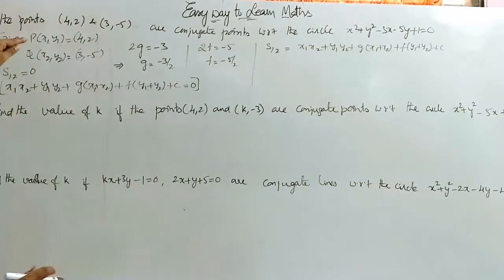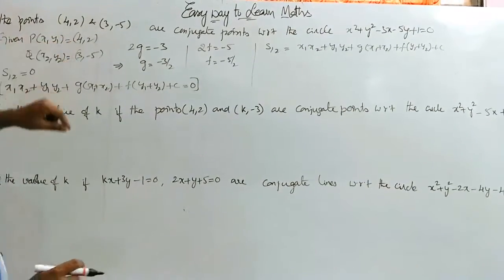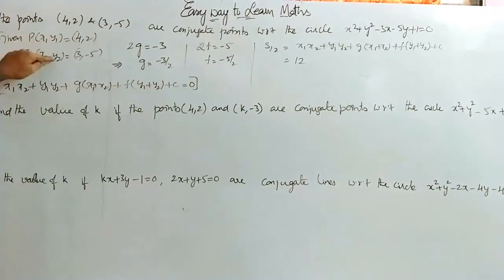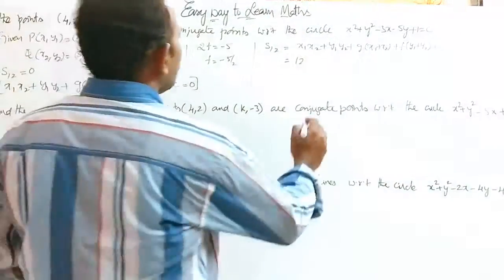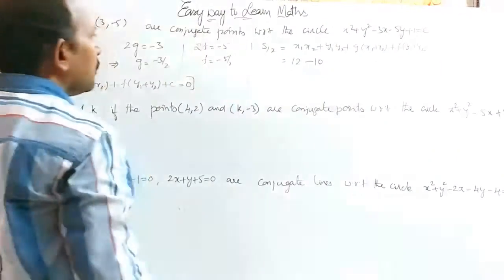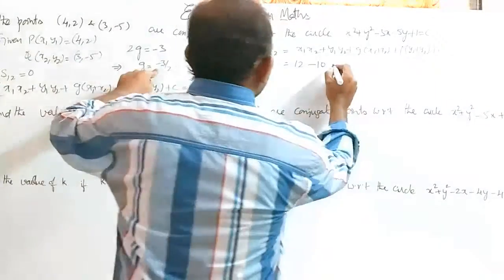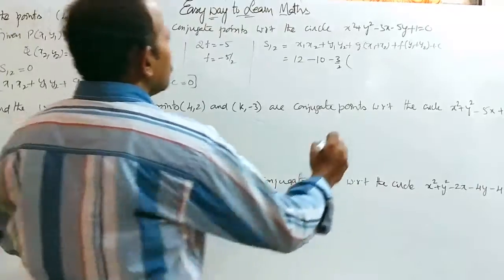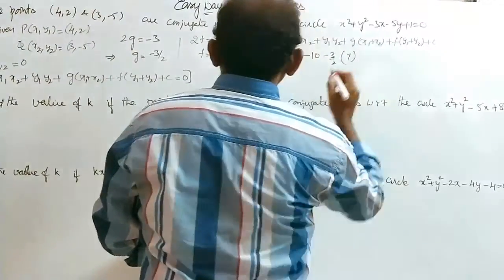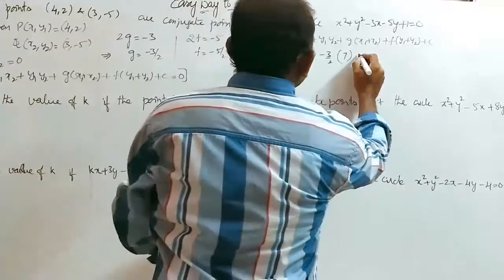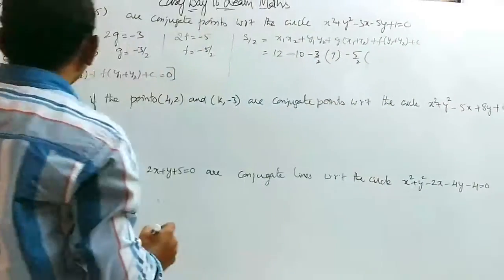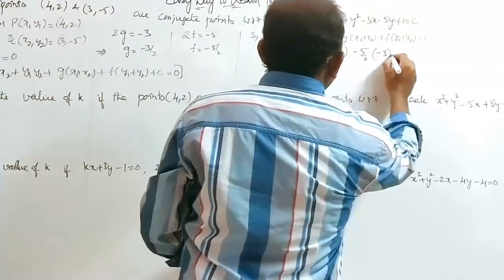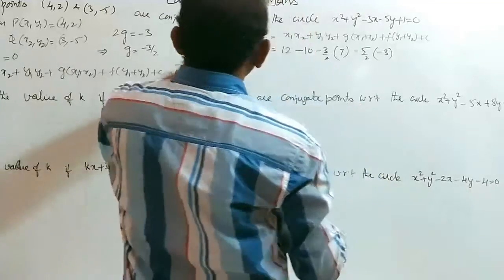Now x1 x2: 4 into 3 is equal to 12, plus y1 y2: minus 5 into 2 is equal to minus 10, plus g here minus 3 by 2 into x1 plus x2, 4 plus 3, 7, plus f, minus 5 by 2, minus 5 by 2 into y1 plus y2, 2 minus 5 is minus 3, plus c, here c is 1.